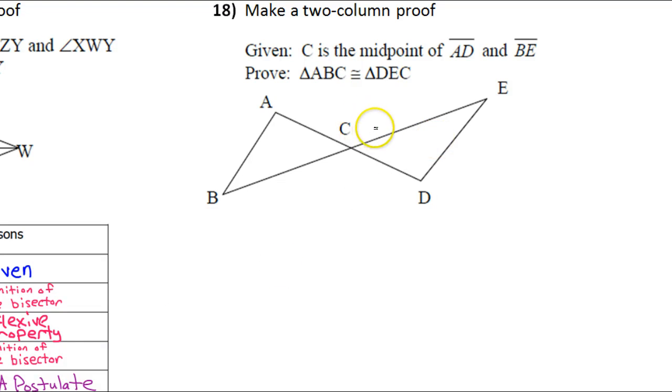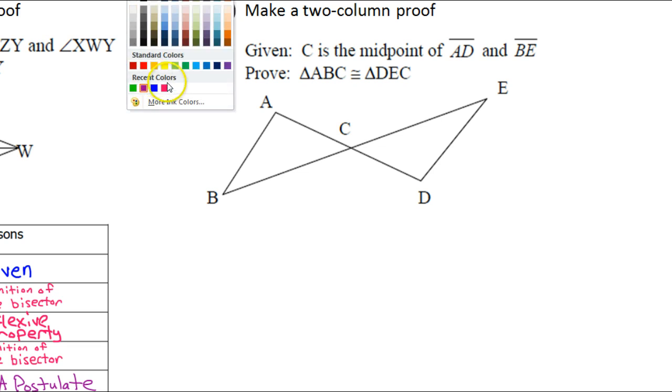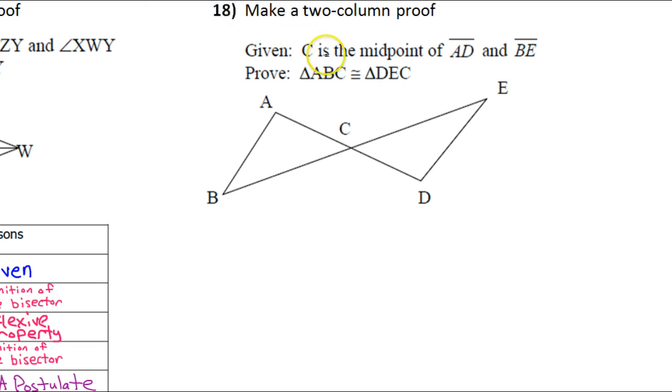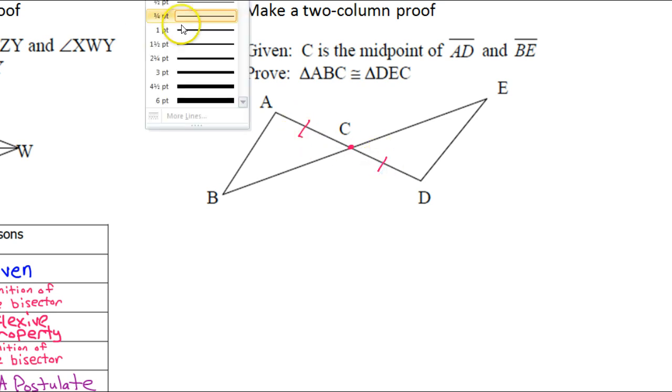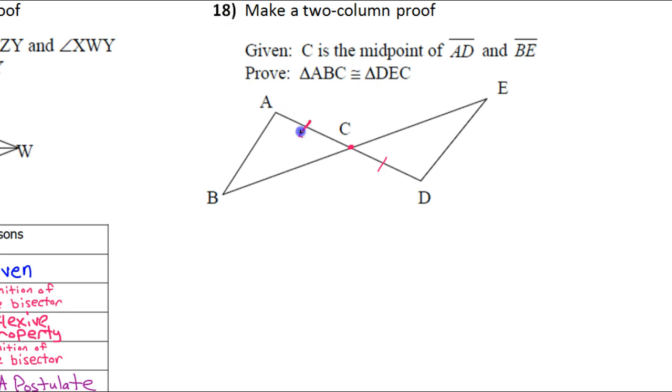Alright, this is looking pretty similar. Let's make our plan. They're telling us that C is the midpoint of both segments. Alright, if C is the midpoint, then by the definition of midpoint, we know that these will be congruent and these will be congruent.